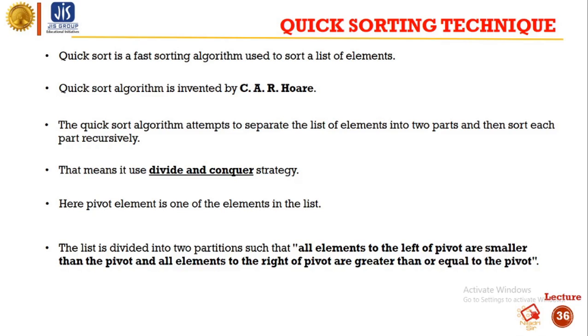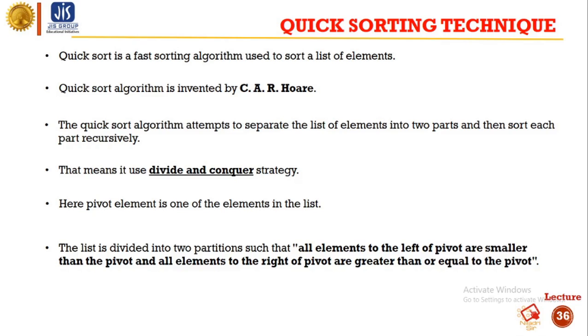So quicksort is basically a fast sorting algorithm used to sort a list of elements. This algorithm was invented by C.A.R. Hoare. It separates the list of elements into two parts and then sorts each part recursively, which means it uses the divide and conquer strategy.